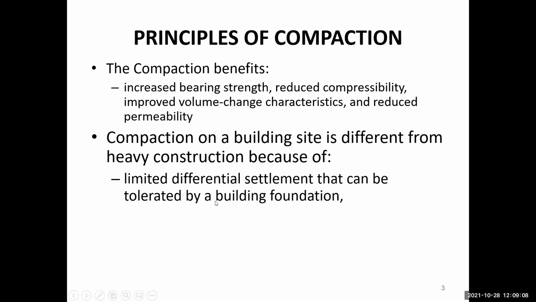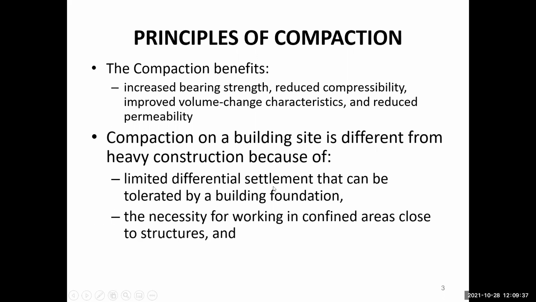So we have to control the compaction on a building site very carefully, so that we can be sure that the compaction at different areas on the building site is uniform. Not only the total settlement has to be controlled, but more importantly, the differential settlement has also to be controlled.